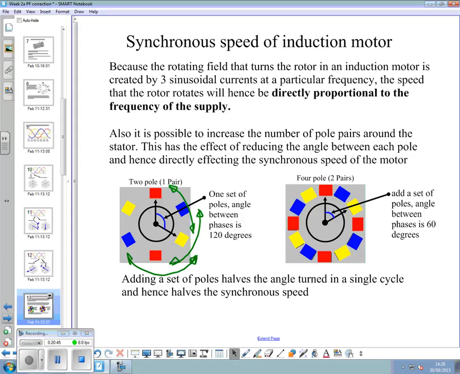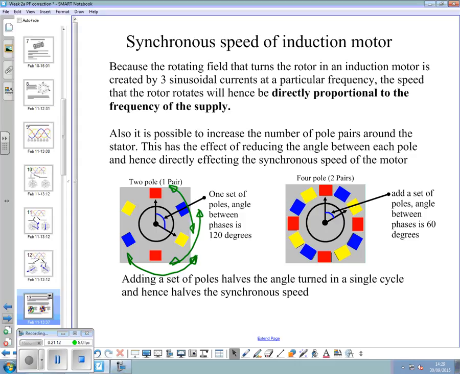Yeah. If we add a set of poles between those, so we've got two pole pairs per phase, we end up with an angle between poles of 60 degrees.